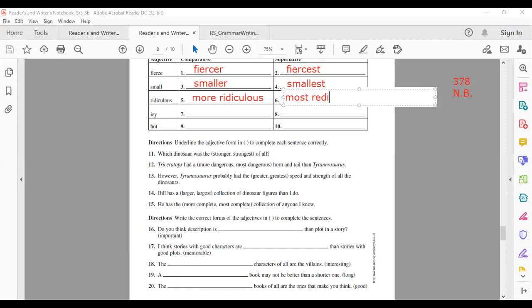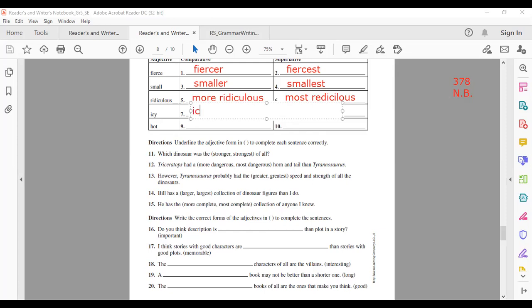Miss, can I do the next one? Okay, Tina, you want to do the next one? Yes. Icy. I have icy. Is it a long word or short word? What do you think? Short word. So the short words, what should we add? If it's a short word and I want to compare between 2 things, what should I add? Yes, icier.